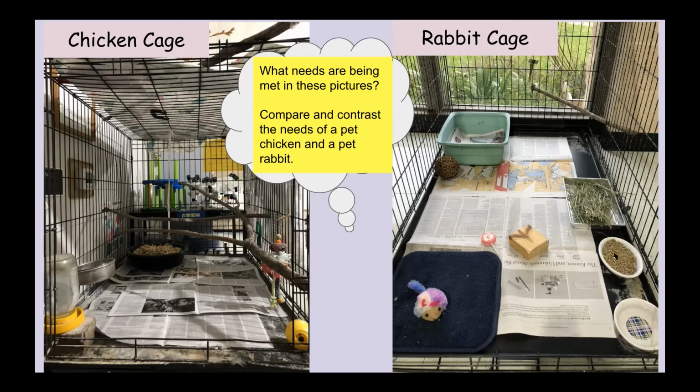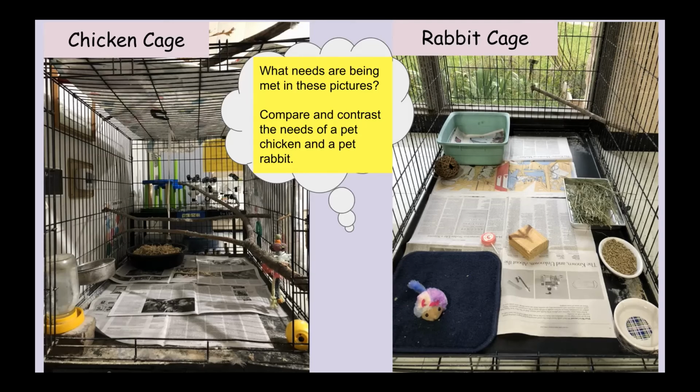And then we also see that the rabbit has a bowl of food as well. The rabbit also has Timothy hay, like dried grasses, so that the rabbit can eat that. The rabbit has a litter box. So this rabbit is litter trained, so she can go potty inside the litter box.